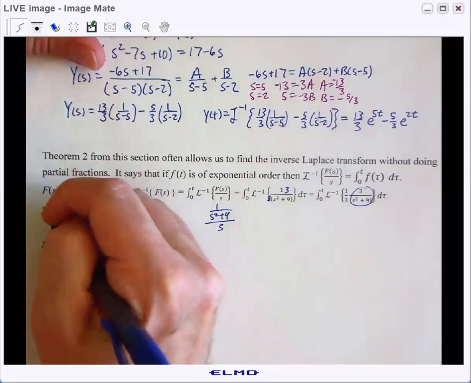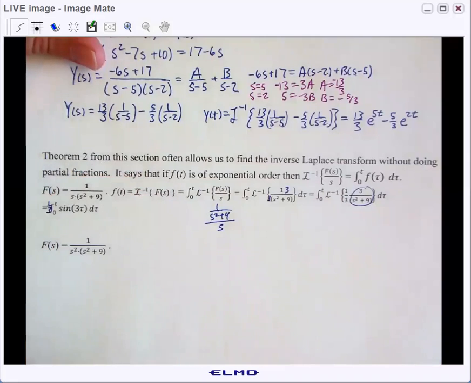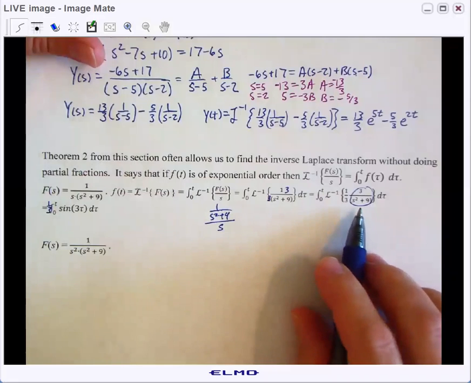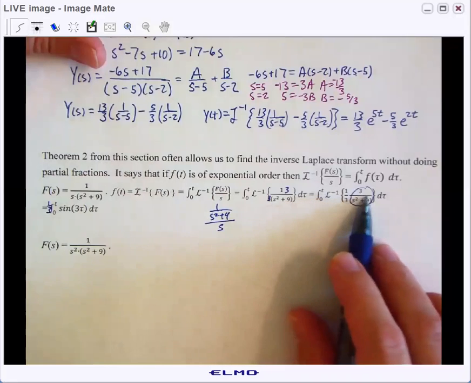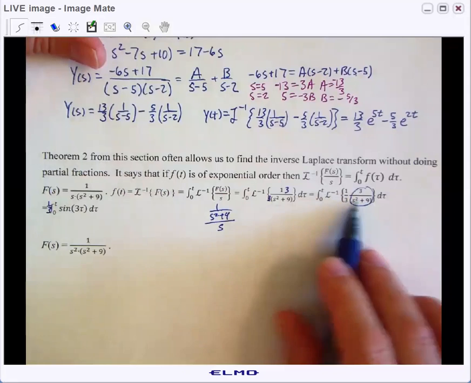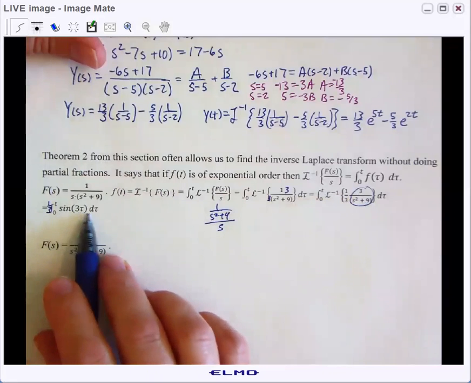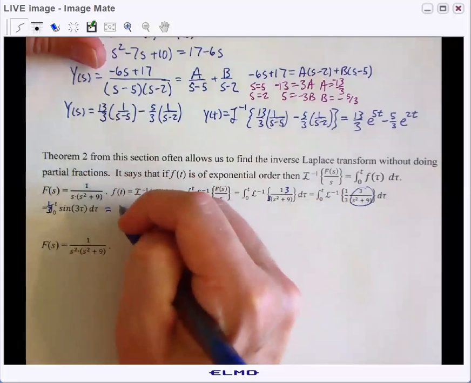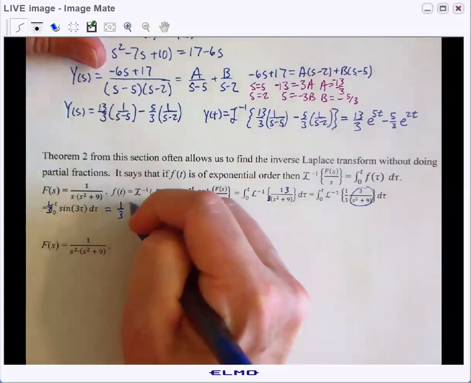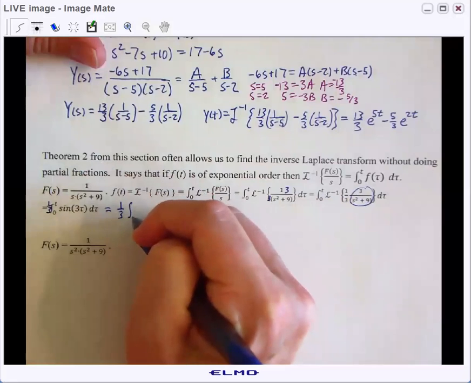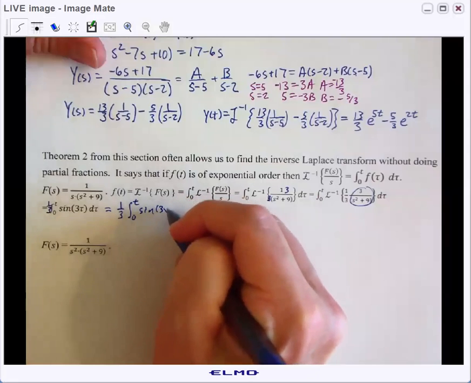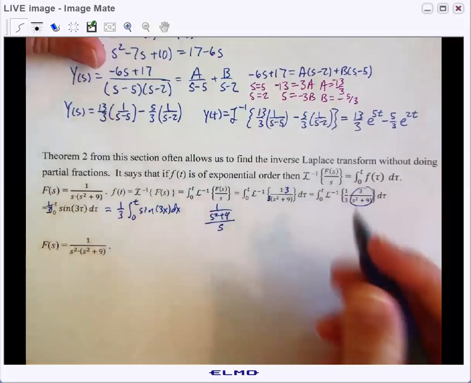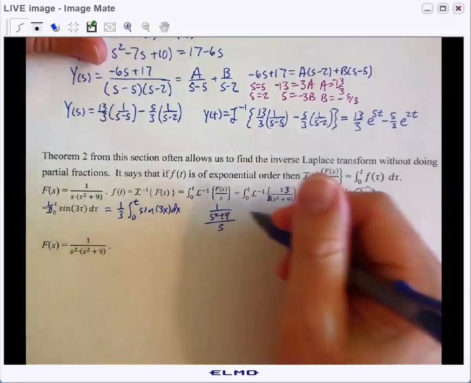Oop, I almost forgot that 1/3. So there he is. And so we get 1/3 integral from 0 to t of whatever this inverse Laplace transform is. And that guy is sine of 3 tau d tau. But my t's and tau's look a lot alike. So this would be the integral of 0 to t of sine of 3x dx, if you want to use a more common letter.